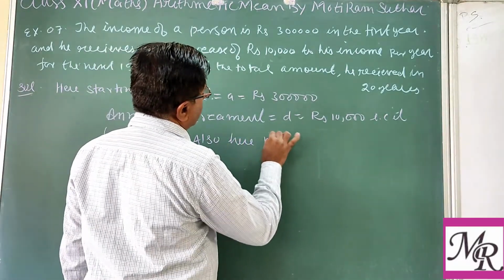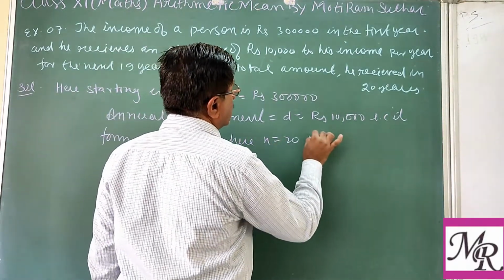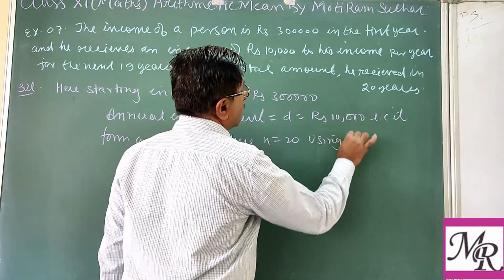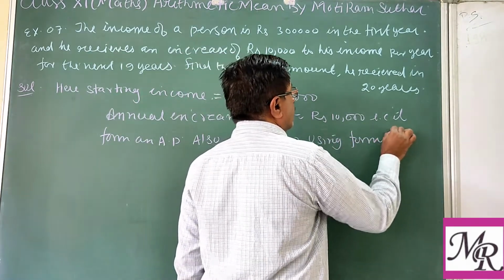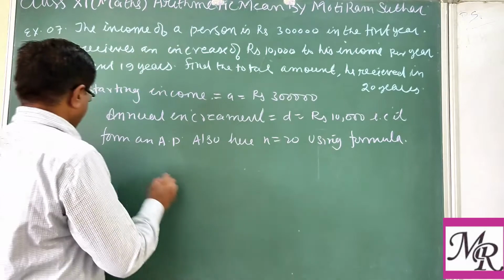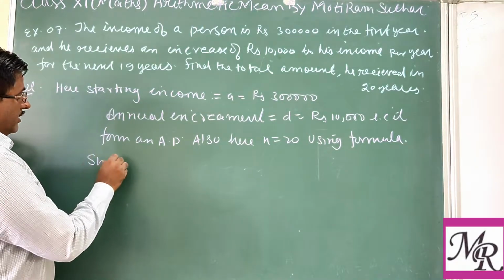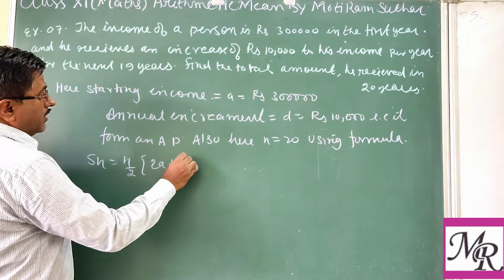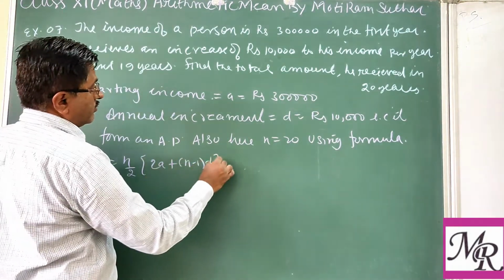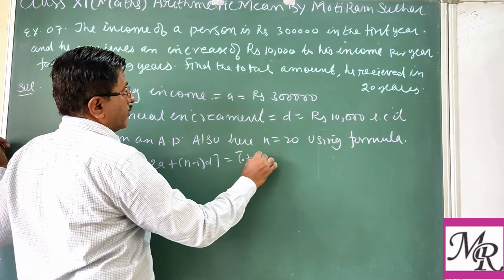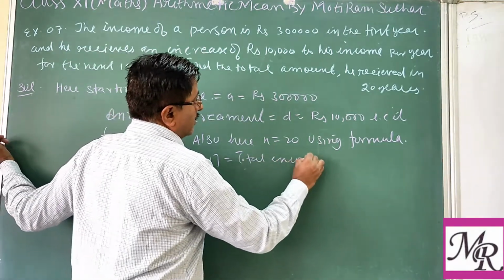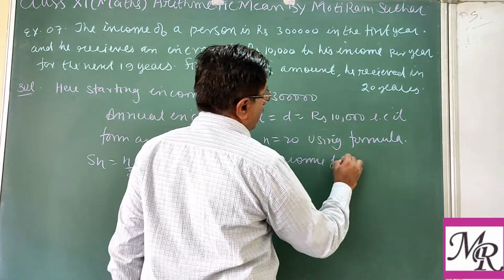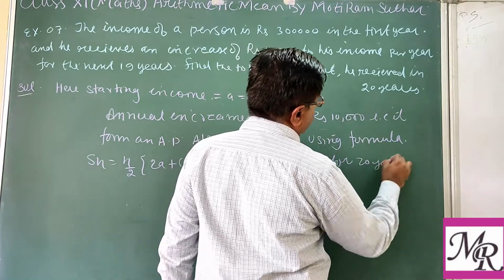Here n equals 20. Using the formula Sn equals n by 2 into 2a plus n minus 1 into b, that is the total income for 20 years.